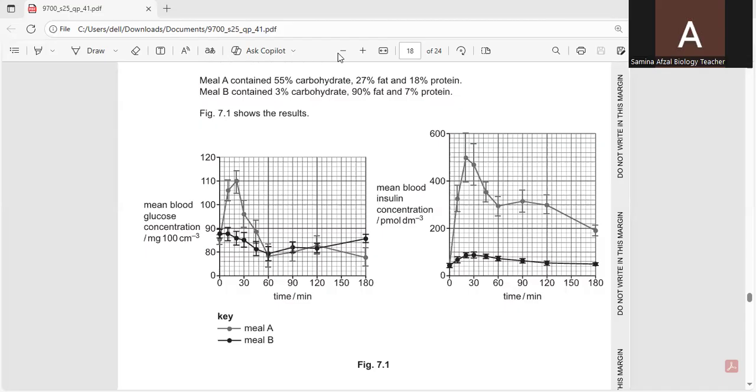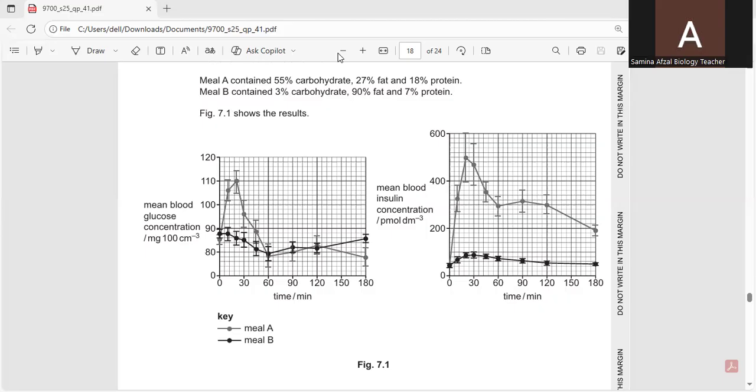Here in this case, you can see that they used 12 volunteers and two types of meals. Meal A contains 55% carbohydrates, meaning a lot of carbohydrates, and meal B contains 3% carbohydrates. Meal A is represented with a light gray color, and meal B with a dark color.